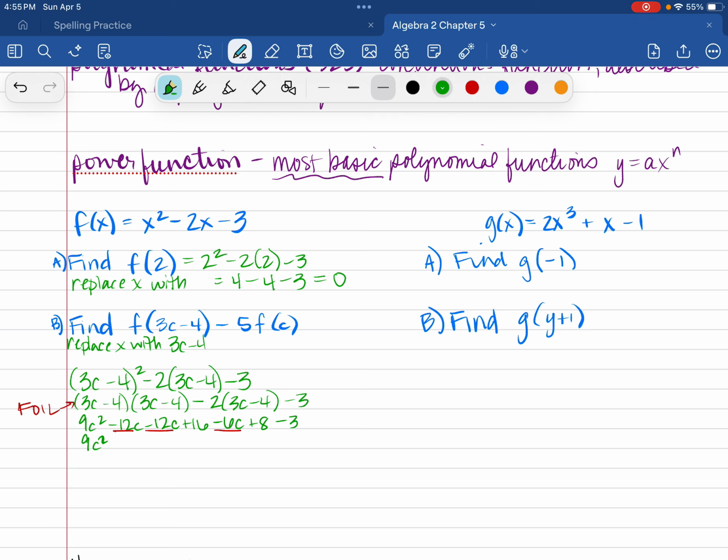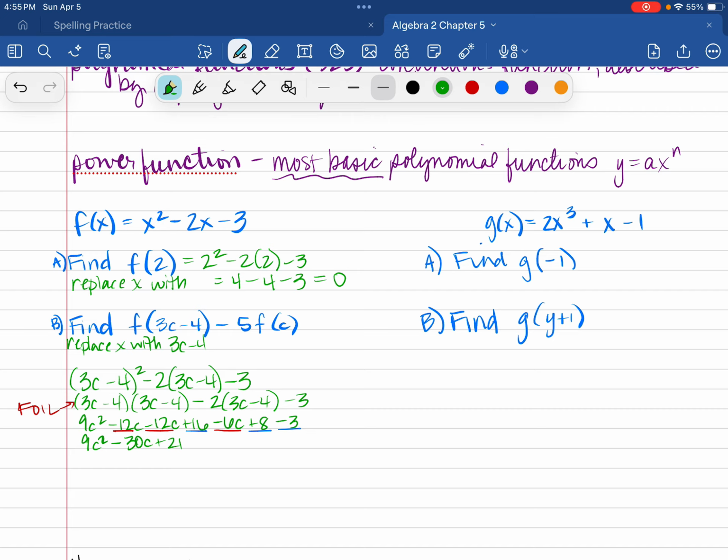So -12 minus 12 minus 6 is a -30c. And then our constants, 16 plus 8 minus 3 would be 21. Plus 21. Okay, so we got the first part done.